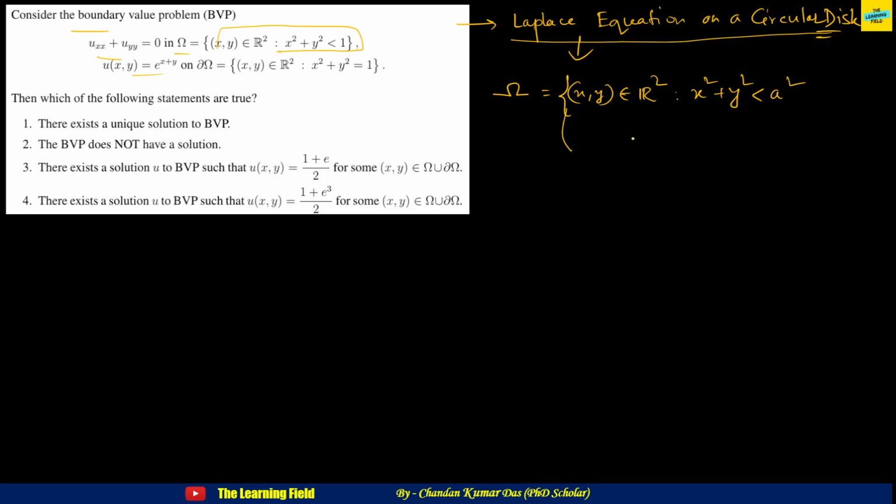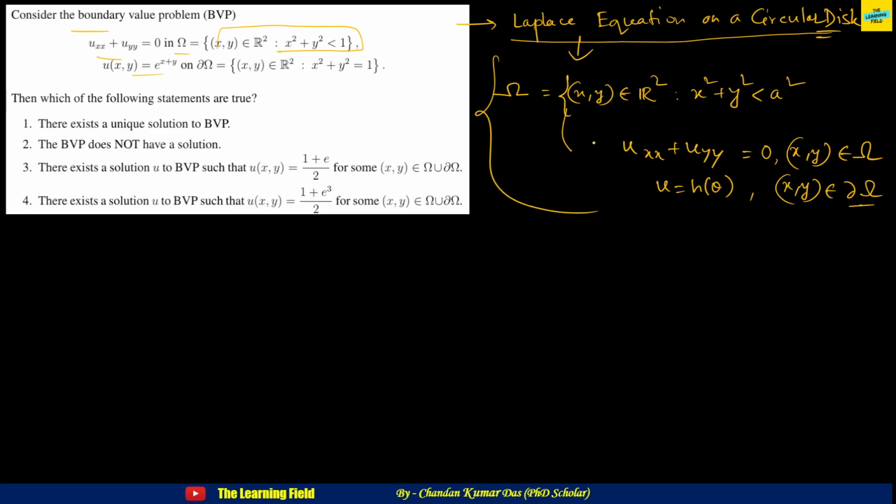The problem is defined as u_xx plus u_yy equal to 0 for (x, y) in Sigma, and u equal to some function h of theta on the boundary, (x, y) belonging to the boundary of Sigma.